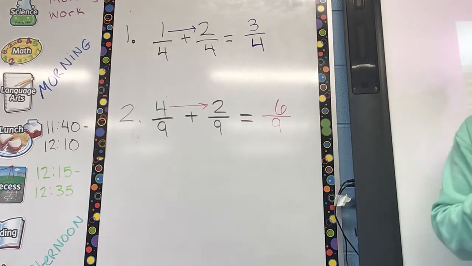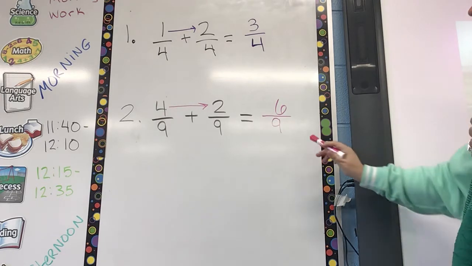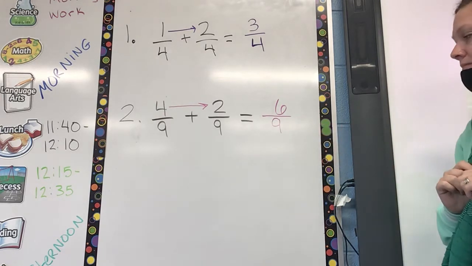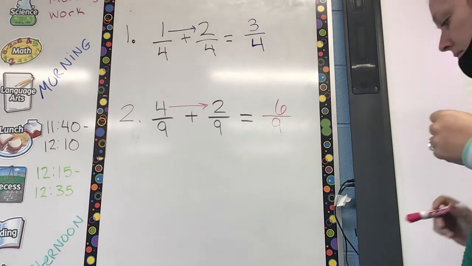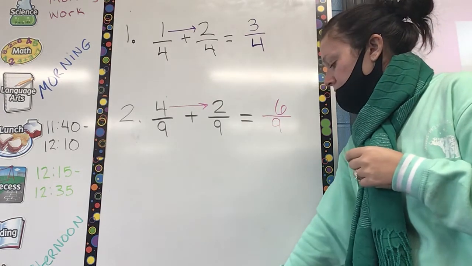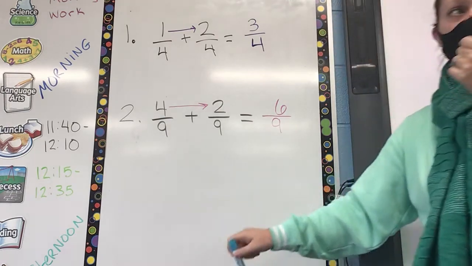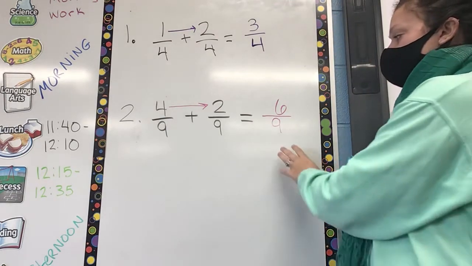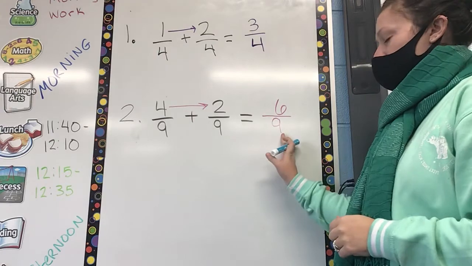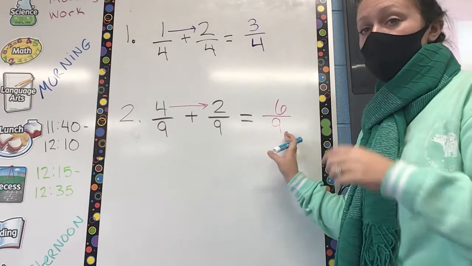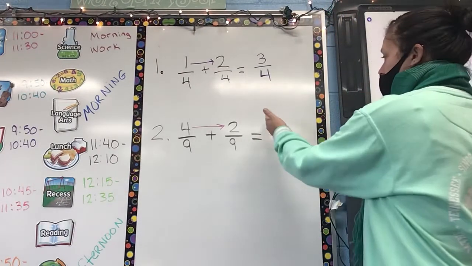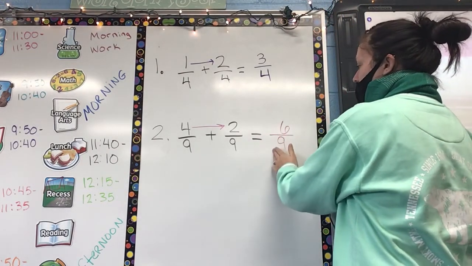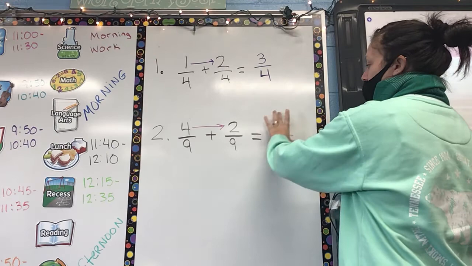Now, here's one extra step that you're going to have for today. I just got 6/9. Is 6/9 in simplified form? No. Could I reduce it? Yes. And for your final answers, when you're turning in and submitting these answers, they must be simplified fractions. So even though on this one you added correctly, 4 plus 2 is 6, my denominator is 9, this fraction can be simplified.